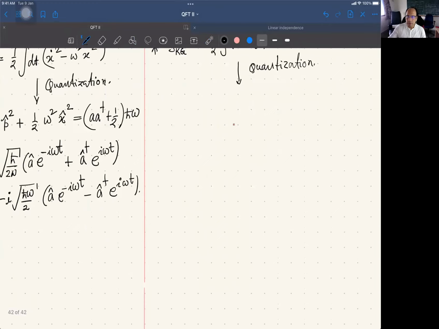After quantization, you come up with a Hamiltonian. So I'm giving the final formula. Of course, you have gone through the canonical quantization.